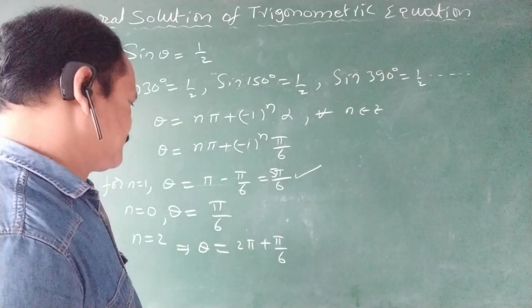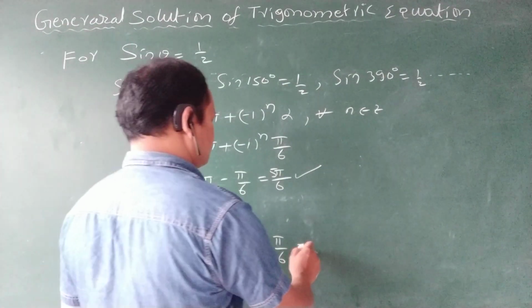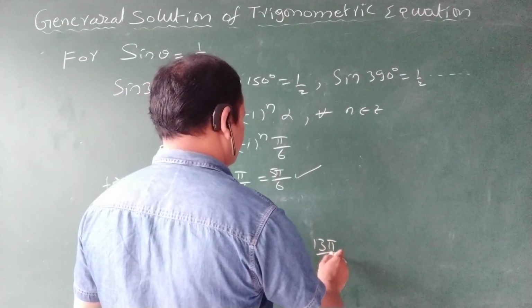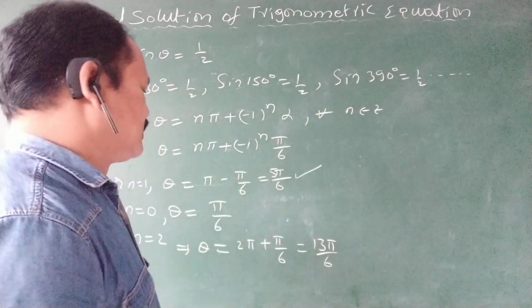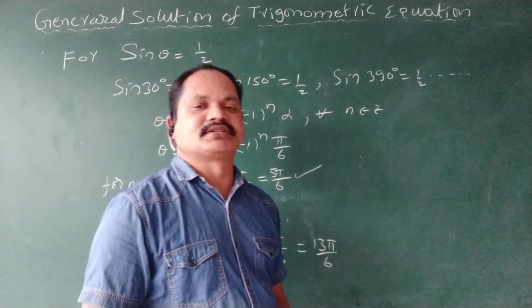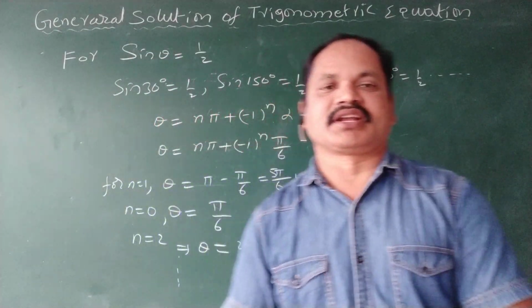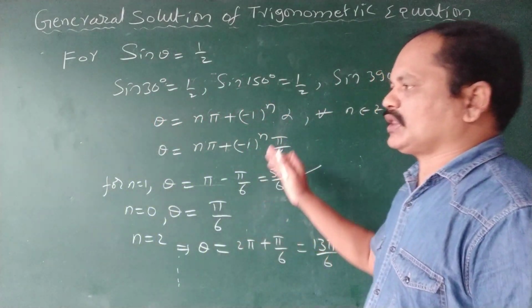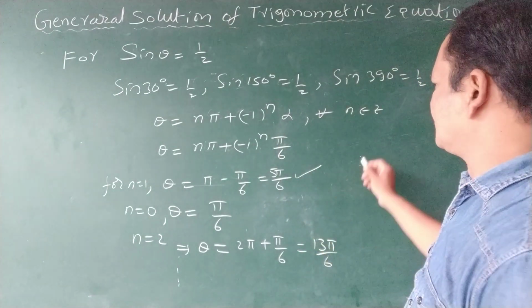That is 13 pi by 6, so that is 390 degrees. Like this, so on. That's why infinite solutions exist. That's why we have to write all these infinite angles.